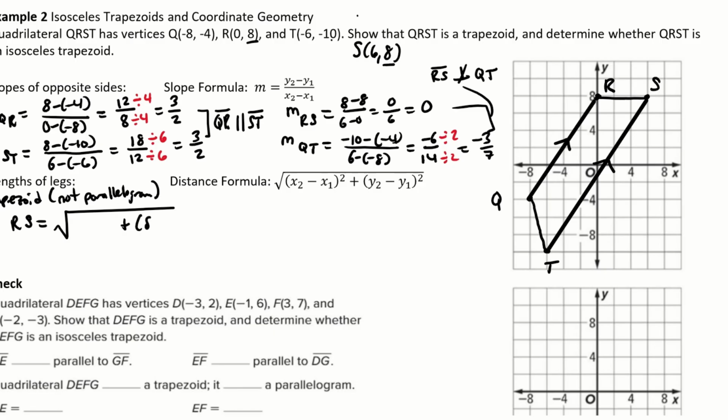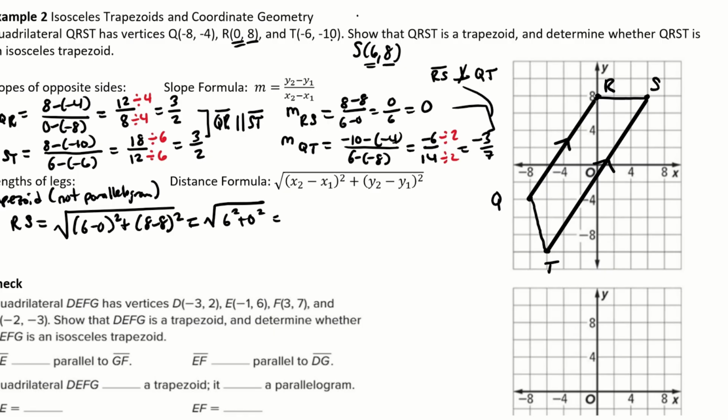And the x coordinates are 0 and 6, so 6 take away 0. The order that you do x and y within the parentheses does not matter, guys, because you square it, and you square any number, whether it's positive or negative, you're going to get the same number. So we get the square root of 6 squared plus 0 squared.